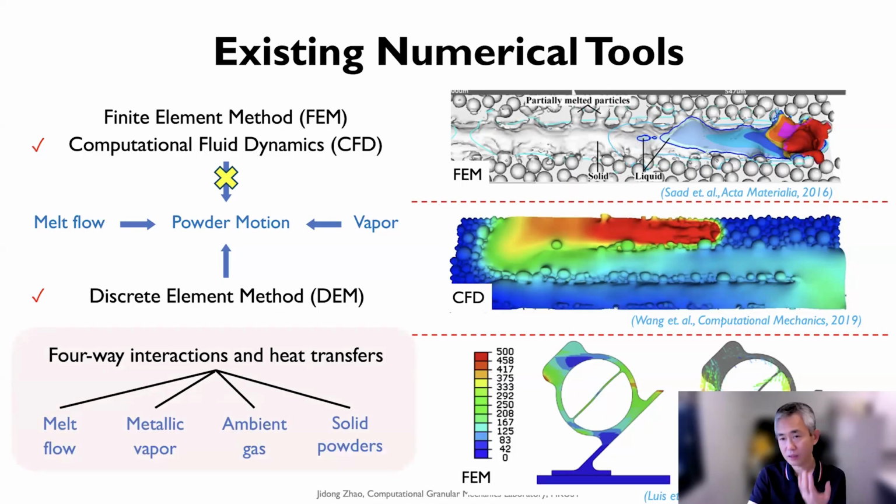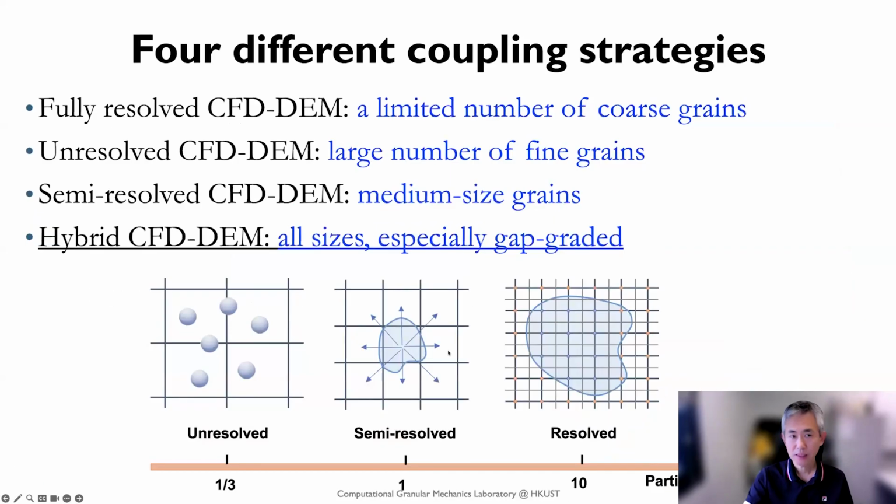So this is the way that we choose to use the coupled CFD-DEM to simulate this L-PBF process here, right? We essentially want to capture these four-way interactions and heat transfer as I mentioned before, right? And we still use the scheme that we mentioned before.